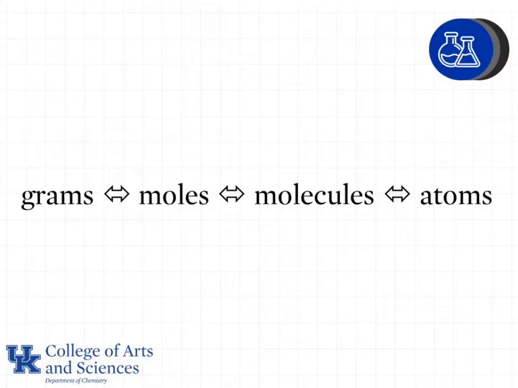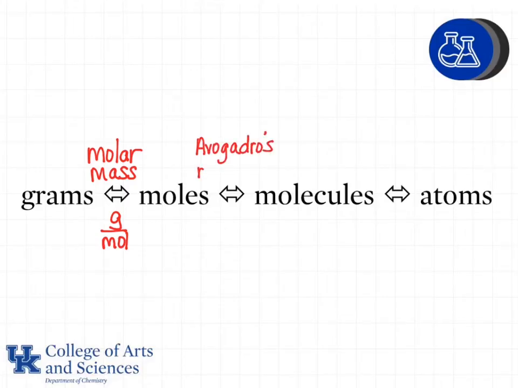And so this diagram shows us something about the relationship between all of these values. Notice that between grams and moles, we use the molar mass, which has units of grams per mole. And we can use this whether we're going from grams to moles or moles to grams. To convert between moles and molecules, we're going to use Avogadro's number, which has units of molecules per mole. And again, we can go from moles to molecules or molecules to moles using this relationship.